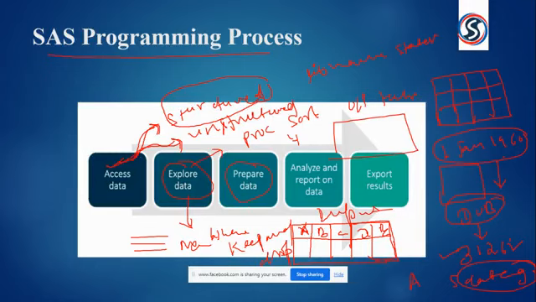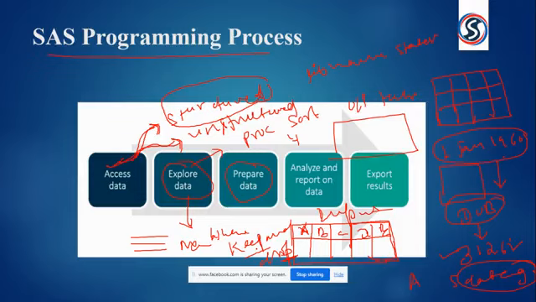While preparing the data, we can use the KEEP and DROP statements according to which columns you want to drop from your output table and which columns you want to keep in your output table, and even in the report.